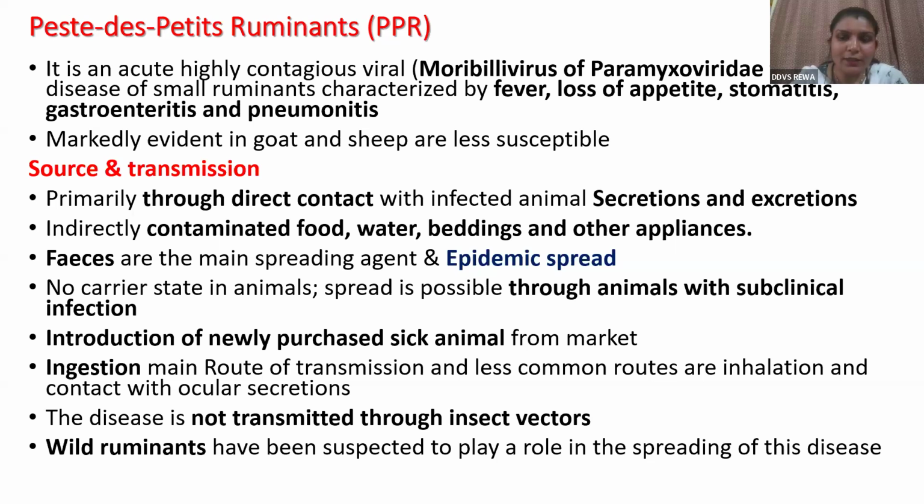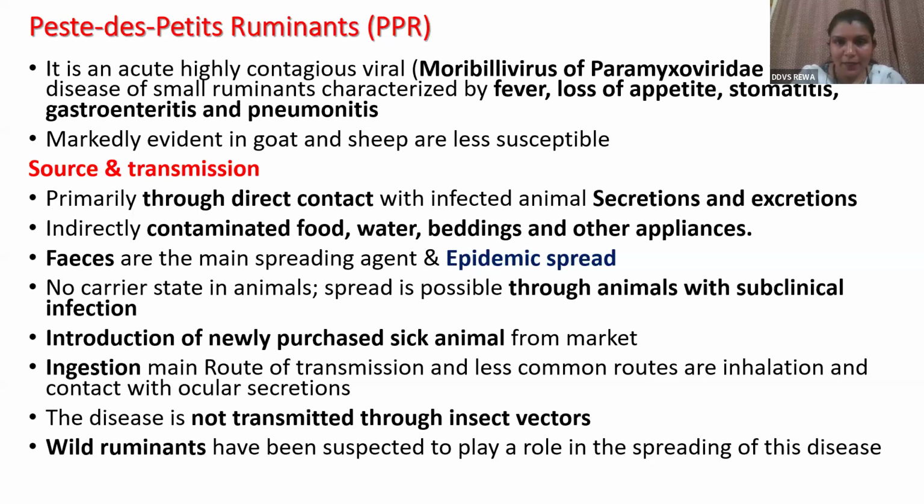So how is the disease transmitted? One of the most important things is that this is reported markedly, or most commonly, in goats, and sheep are less susceptible to the disease. The disease is transmitted through direct contact with the secretions and excretions of the infected animal, as well as indirectly through food, water, and other fomites.